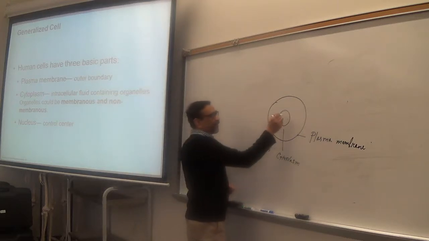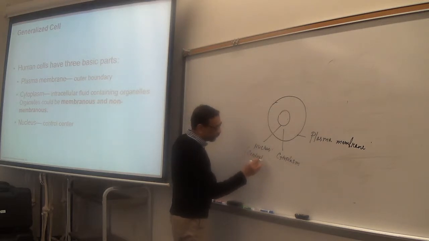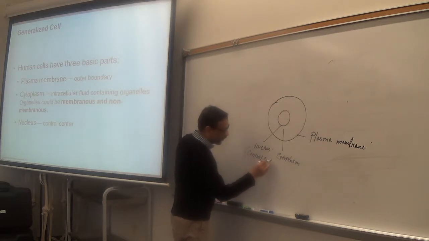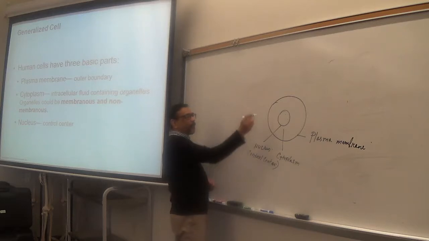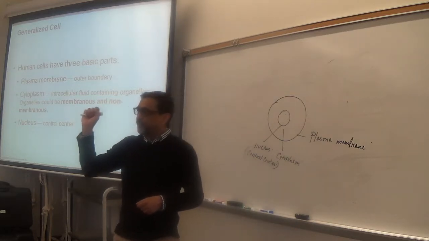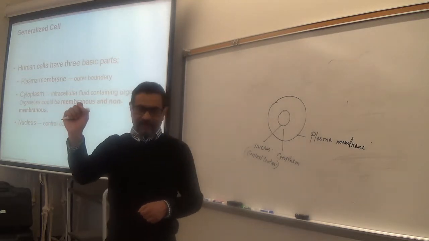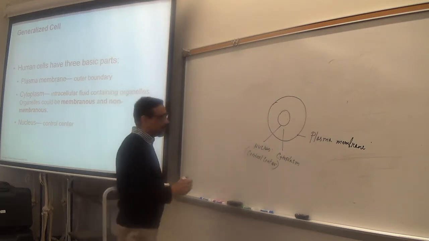Nucleus is called the control center. That means it is the most important part. Control center of the cell. Why is it called the control center? Because the genetic material, DNA, is present in the nucleus.